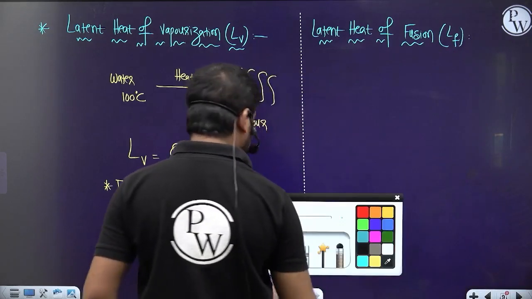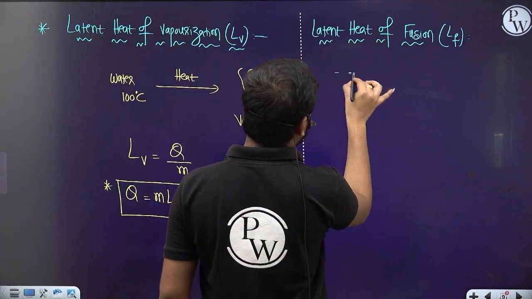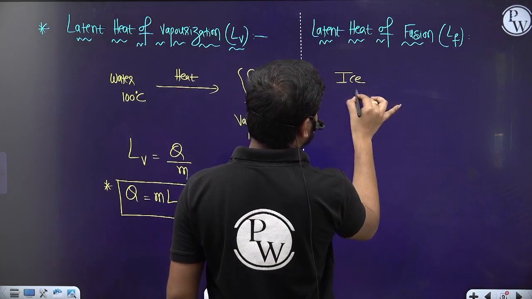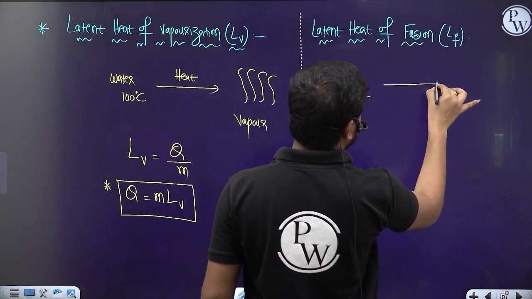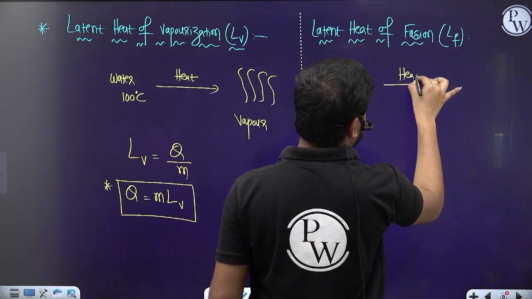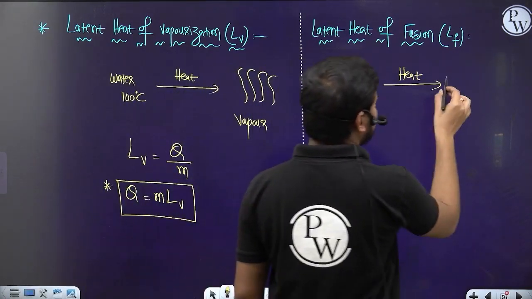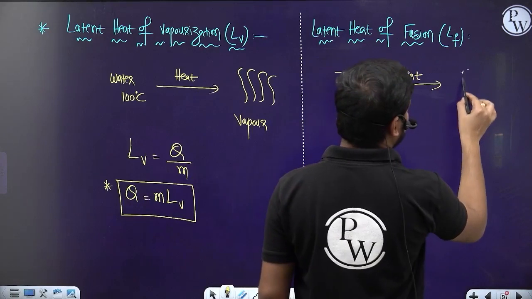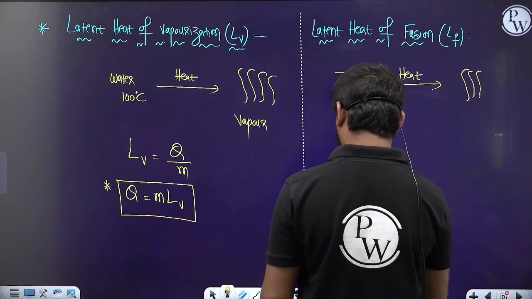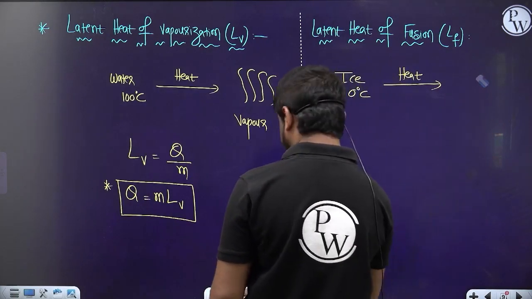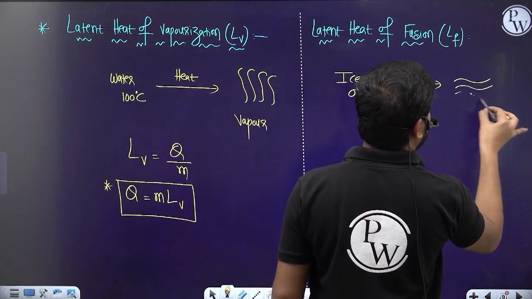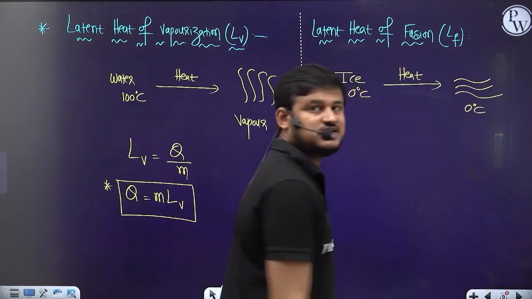Okay, so let's suppose you take ice at 0 degrees centigrade, and you supply heat. Then the ice will convert to water at the same temperature, 0 degrees centigrade.